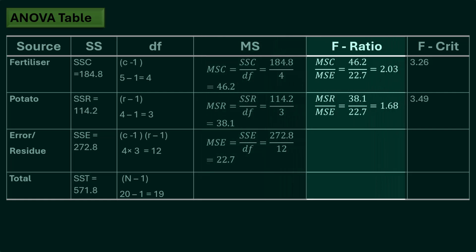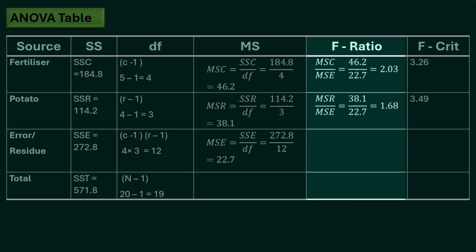In the fifth column, we have shown the F ratio or calculated F value. F ratio for fertilizer is MSC divided by MSE, 46.2 divided by 22.7, 2.03.